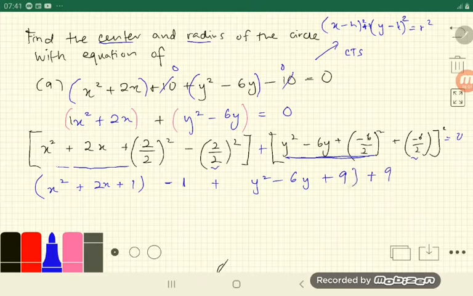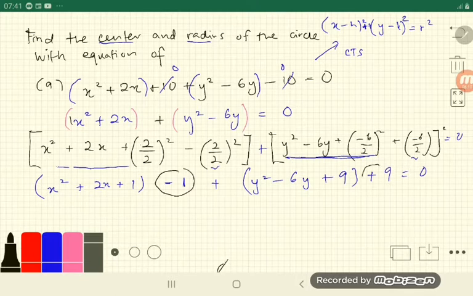So this group equals 0. Now, minus 1 plus 9, you are supposed to get positive 8.